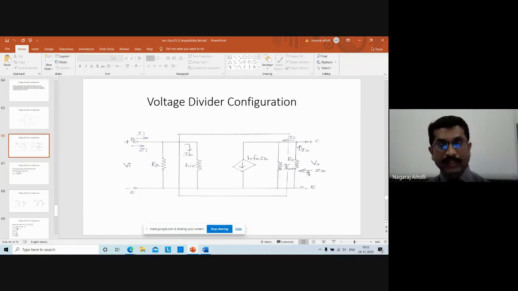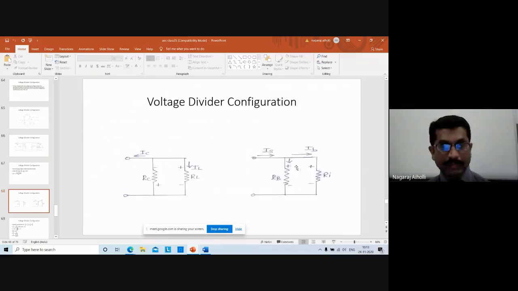We have not considered RL as 0; we'll consider that later. For now, RL is connected between collector and emitter, in parallel with RC. That is, RC comes in parallel with RL.